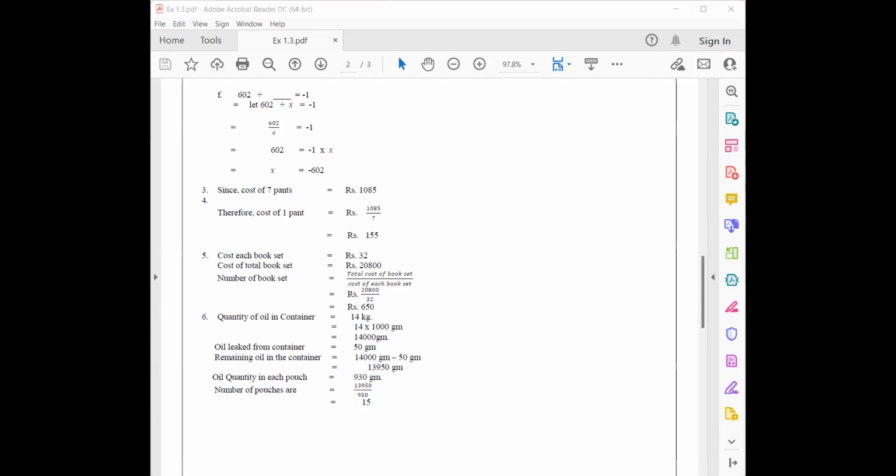A can contain 14 kg of oil. 50 gram of oil has leaked. How many pouches of 930 gram each can be made from the remaining oil? बहुत इजी क्वेश्चन है. अगर 14 किलो का कोई ऑयल कंटेनर है, जिसमें से 50 ग्राम ऑयल लीक हो जाता है, तो माय डियर स्टूडेंट, you know that 1 kg, that means 1 kilogram is equals to 1000 gram.